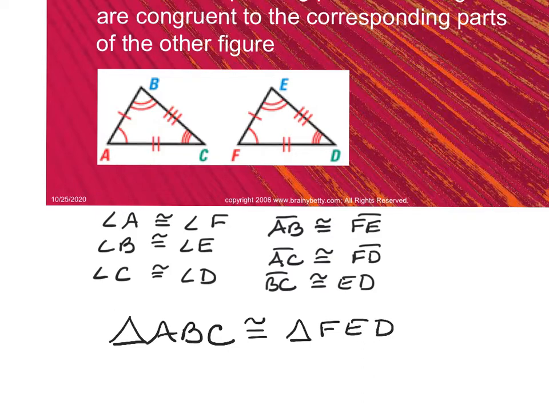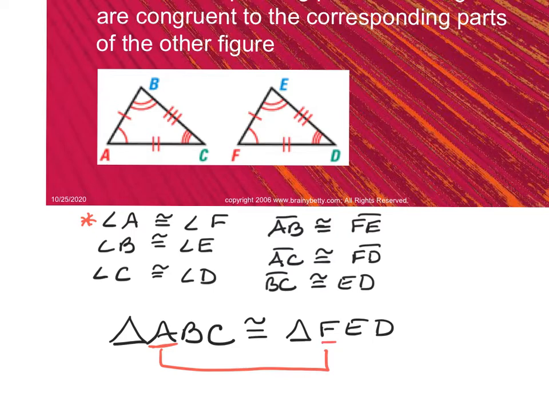In the order of that second triangle, I couldn't put it as EFD or DFE, it has to match. So for example, notice the A and the F are in the first spot. So those are the 2 congruent angles. And that's what I had here.